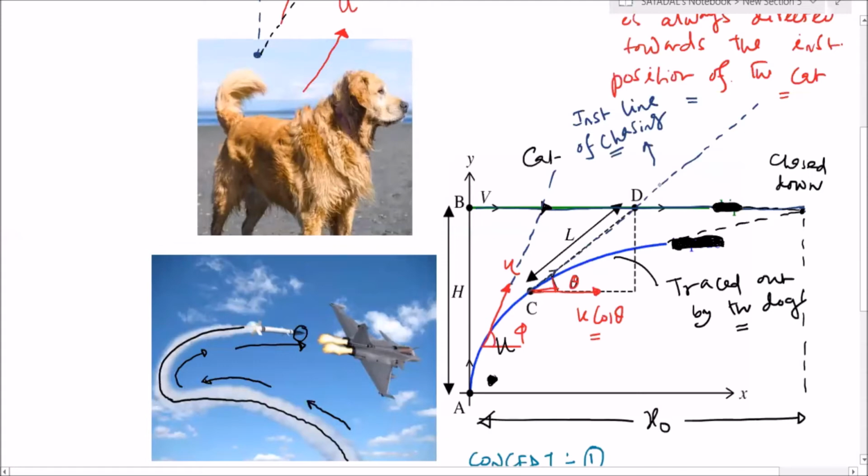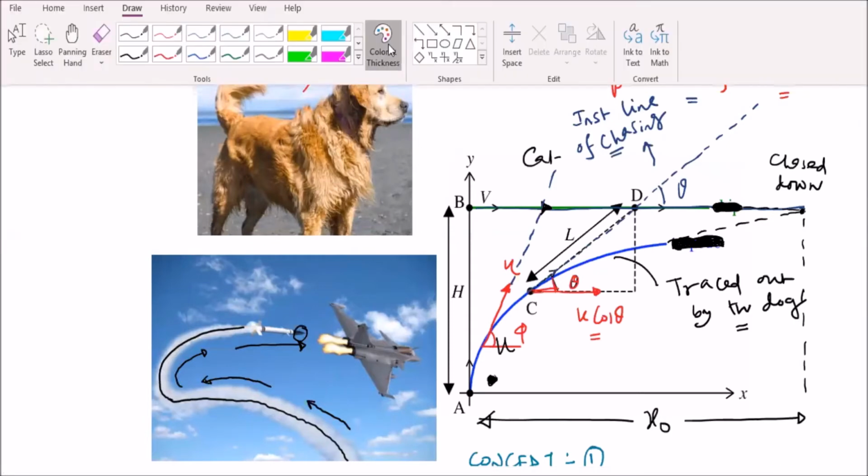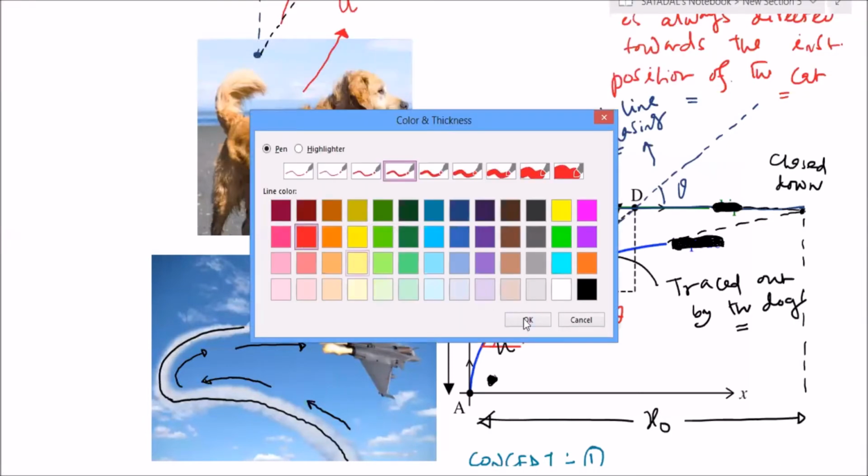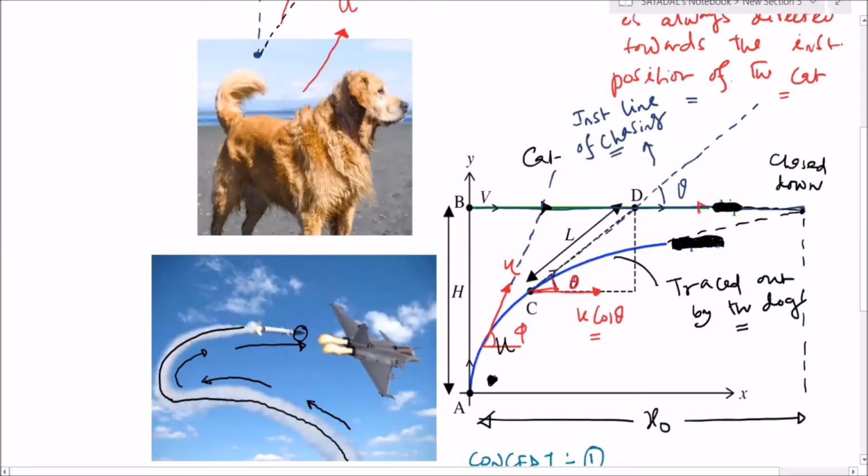If this angle is theta, all of you tell me this is also theta. Correct? Fine. So the cat is already running in the horizontal direction with speed v. Dog is running in this direction with speed u. What is the component of the cat's velocity along this line?